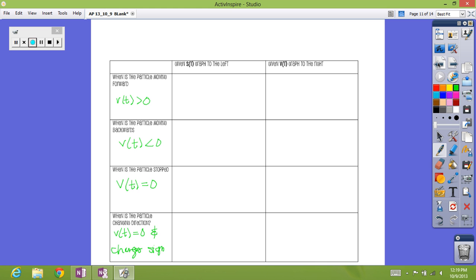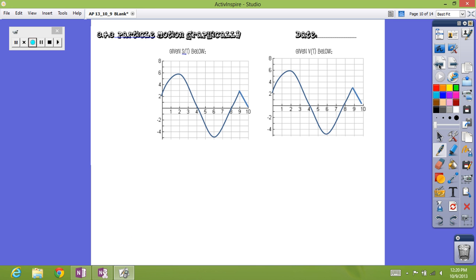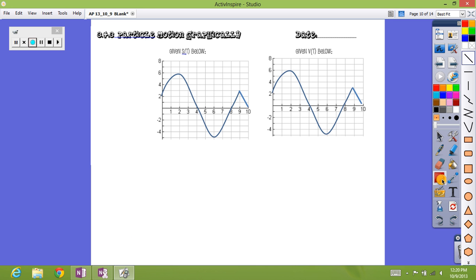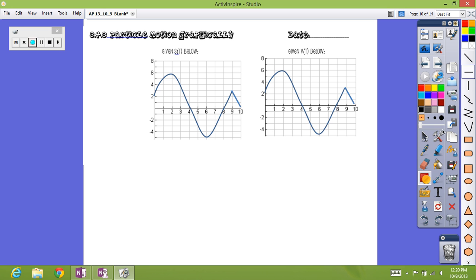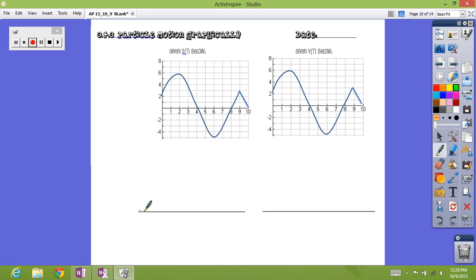So, going back, if I know I need to figure out all the signs of velocity, it should make sense that we're still going to do a sign chart. I got velocity sign chart here, velocity sign chart here. So I'm just going to put 0 here, and I'll put 0 here.